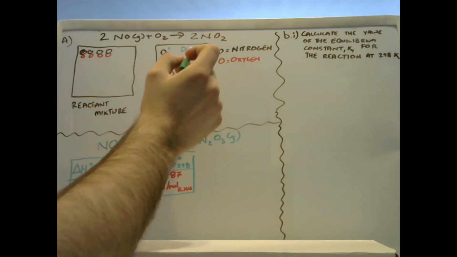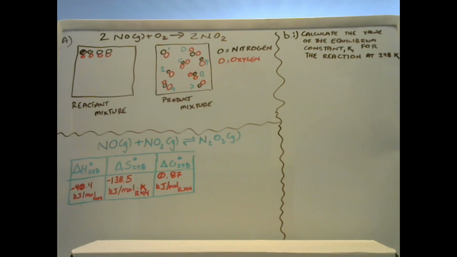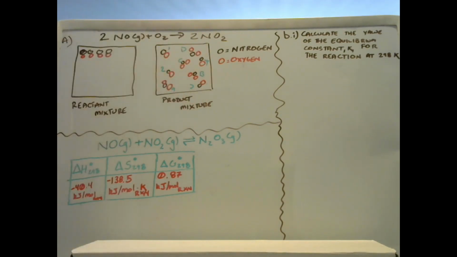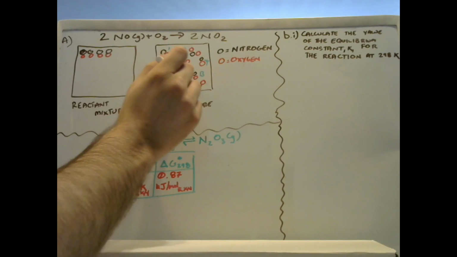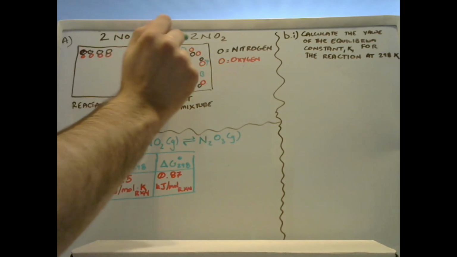We have 4, or A, B, C, D, NO2s. So for every 2 NO2s, we should have 2 NOs and 1 O2. So if we have 4 NO2s, which we do, that'll give us 4 NOs and 2 O2s. Again, that's just stoichiometric ratios.